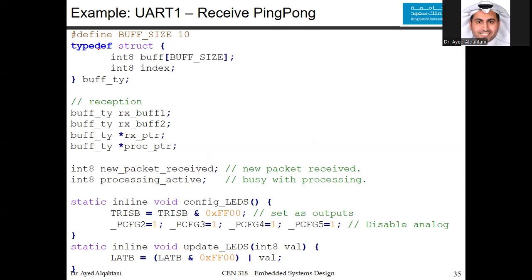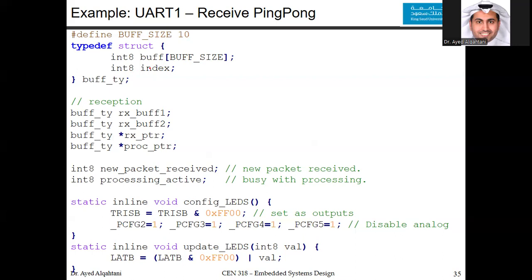And you have a structure where you have the buffer array of 10 members, since the buffer size is equal to 10, and you will have an index based on the current data that you just received. So initially it would be 0.